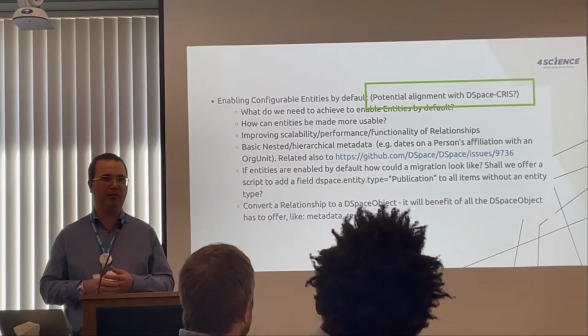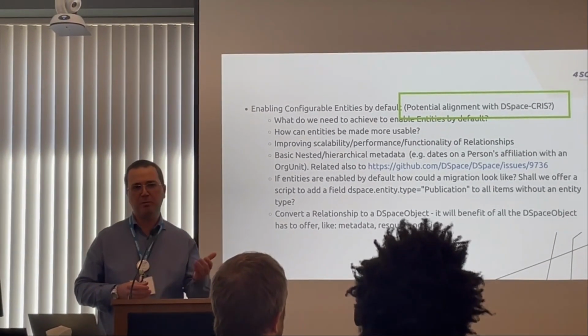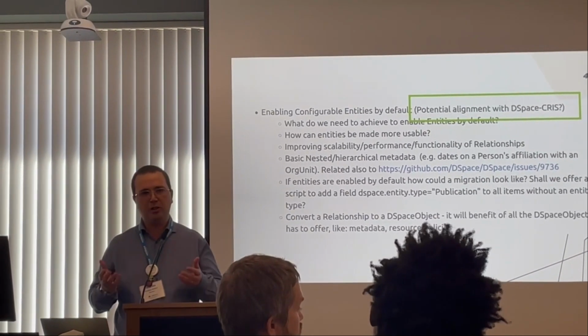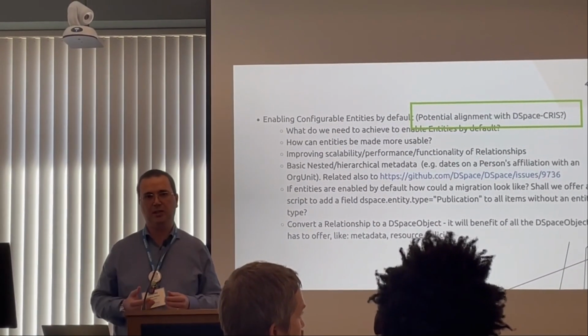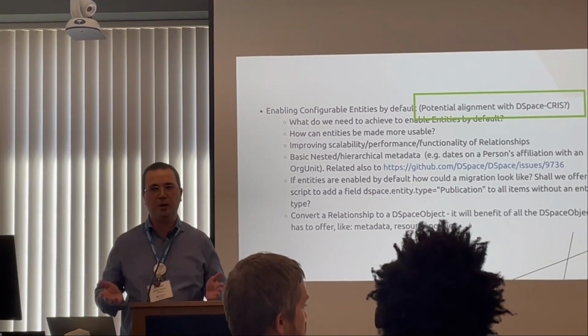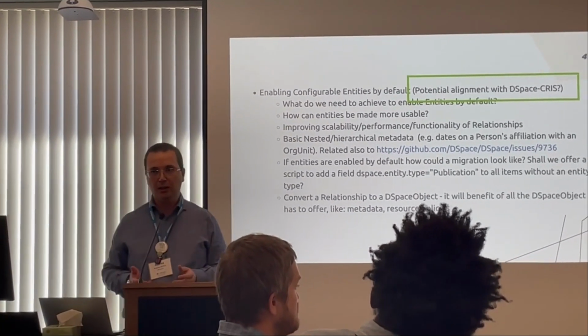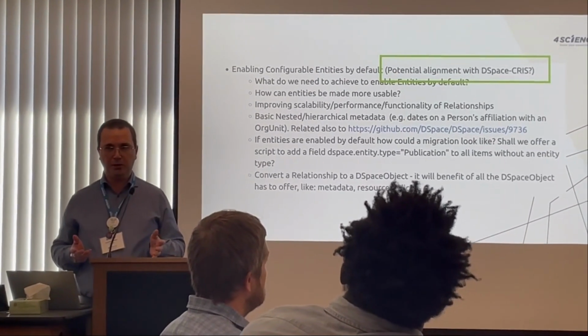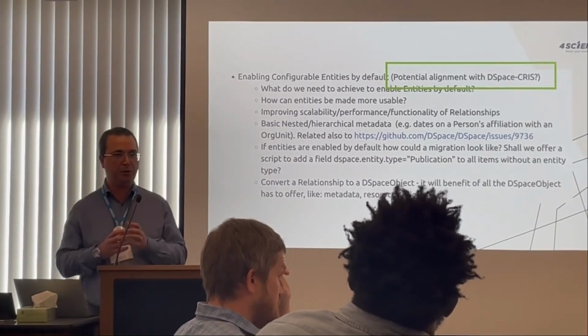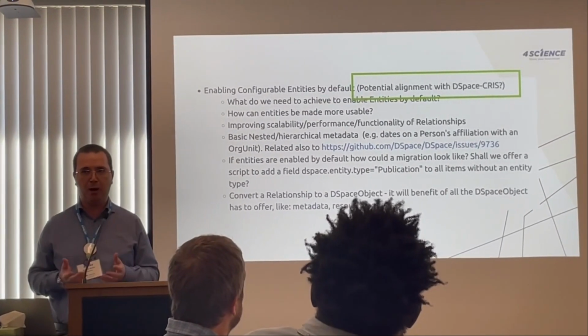If you have an item that is not a publication, not research data, not an organization, what is this? It's a generic item, okay? Call it a generic item entity and you are done. This is an entity. Nothing is changing in your repository. But now you can start to link items together, and this will empower your repository.